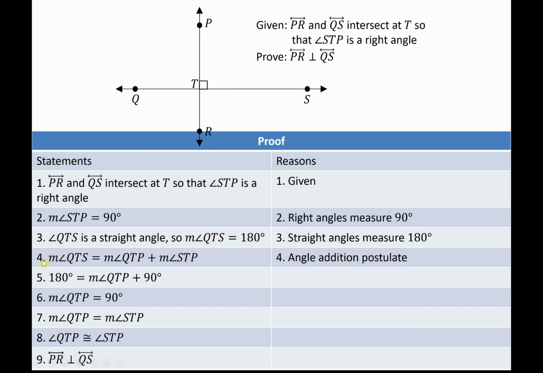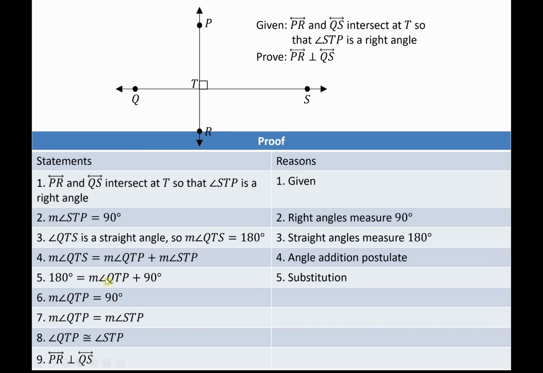Okay, then from statement 4 to 5, it looks like we're doing some direct substitutions. You guys feel me on that? Earlier it was stated that the measure of angle QTS was 180 degrees right there in statement 3. And in statement 2, the measure of angle STP was stated to be 90 degrees. So substitution in two different places. We can do them both at the same time to use only one line of statement because they have the same justification.